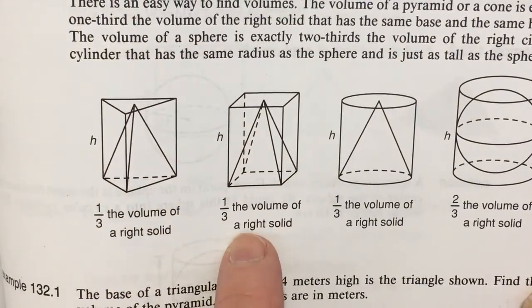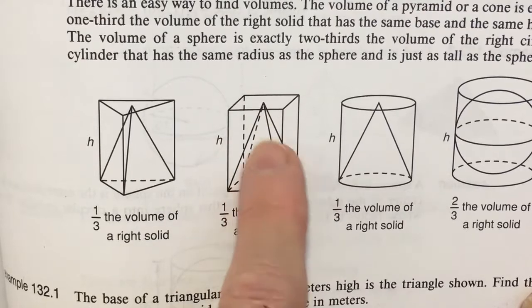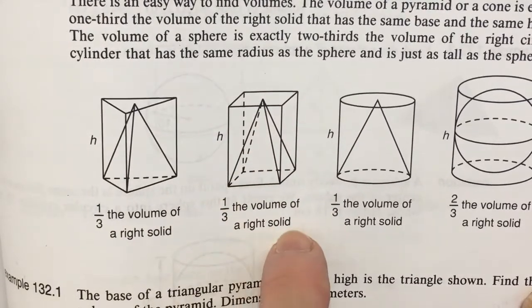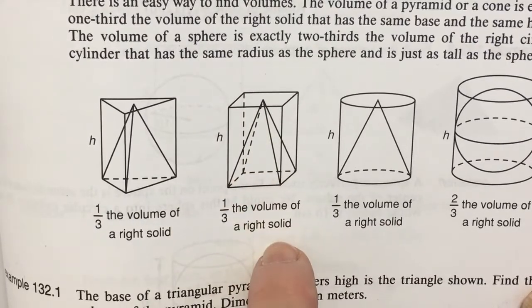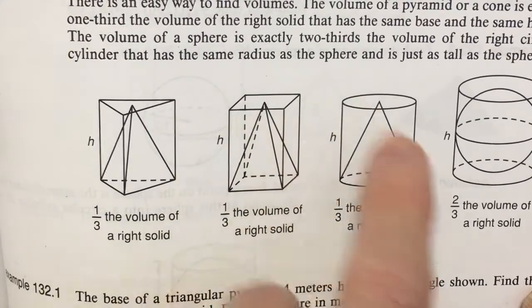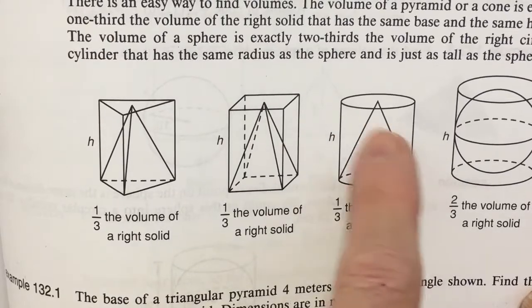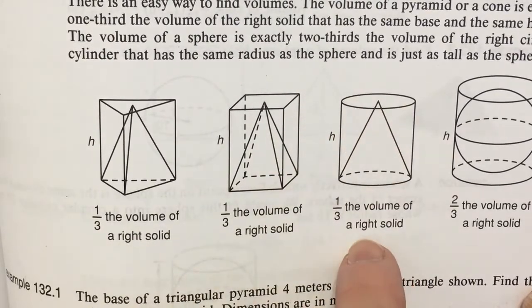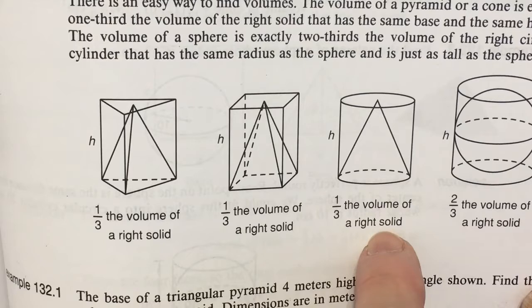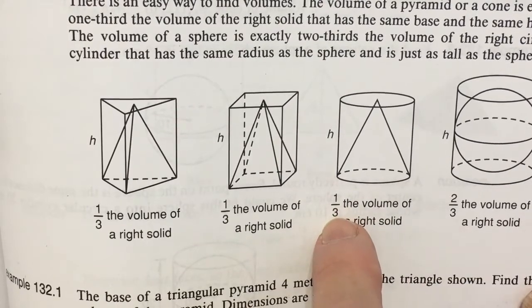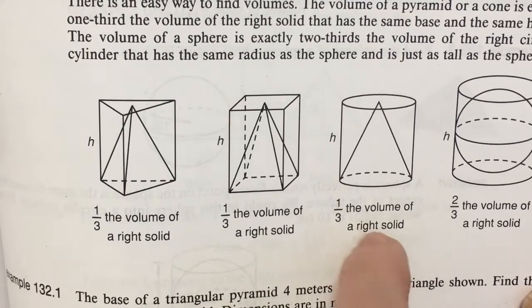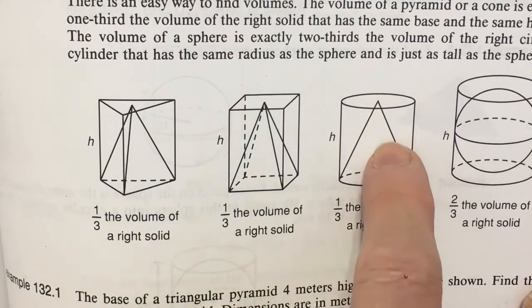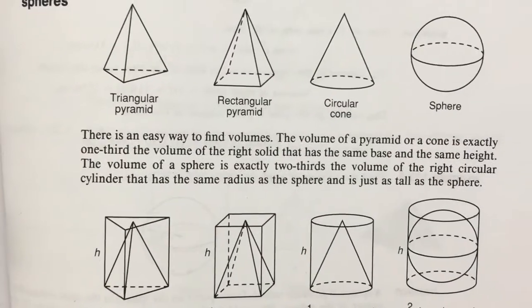And so the volume of the rectangular pyramid is 1/3 the volume of the right solid that exactly encloses the pyramid. So here we have a cone inside a cylinder, and 1/3 the volume of the right solid will give me the volume of the cone that's inside it, which you can see right above it, the circular cone.